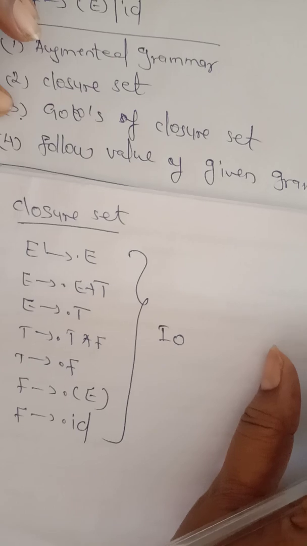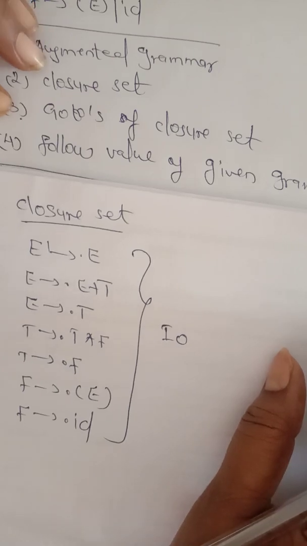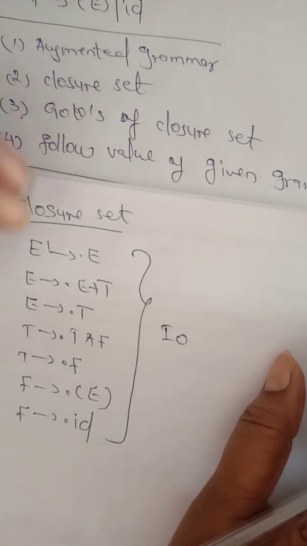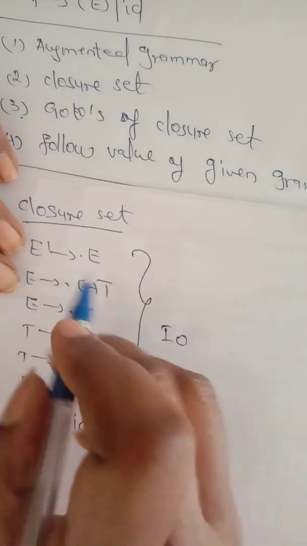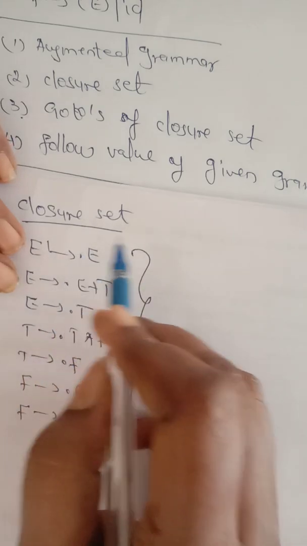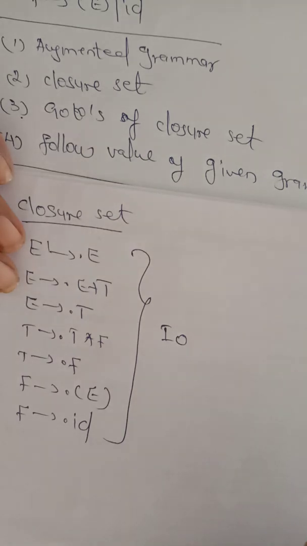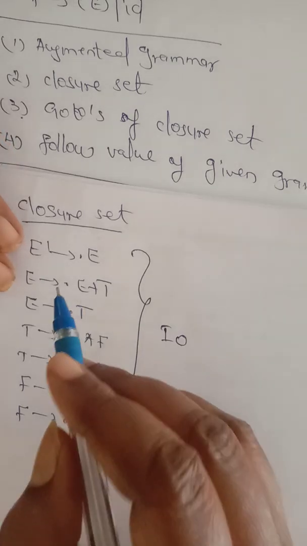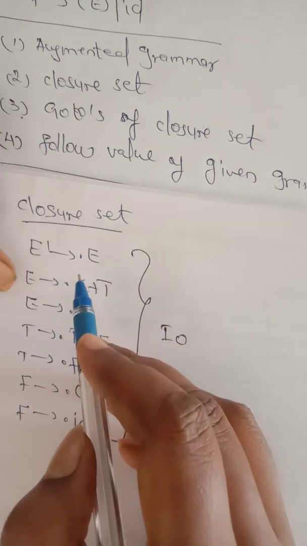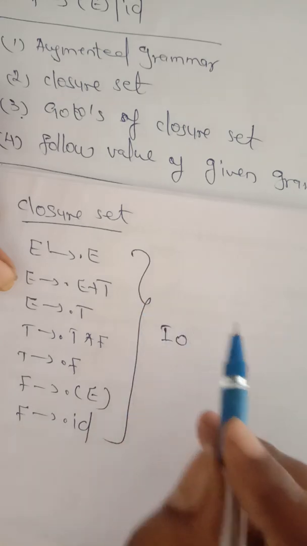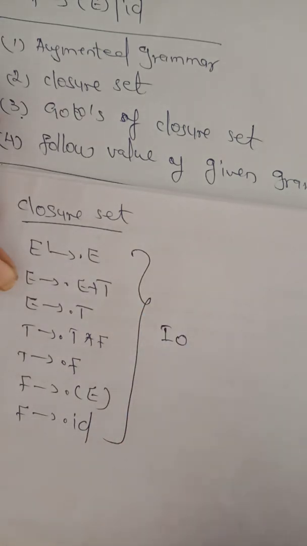So we have to construct the go-tos. What do go-tos mean? We have to move the dot operator towards the right side, one position at each step.